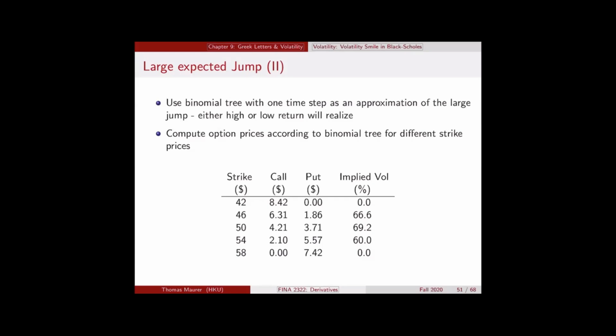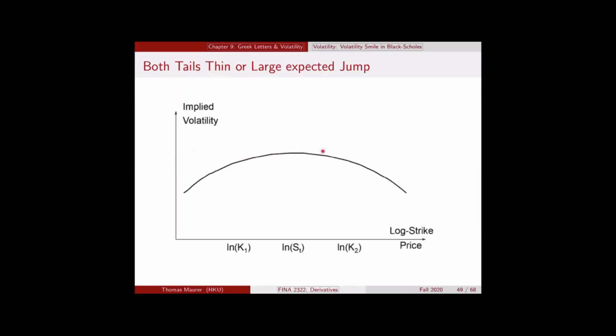If you do this binomial tree and then compute different call prices for different strike prices and also put prices for different strike prices, and then you use the Black-Scholes formula to back out the implied volatility from these prices, then indeed you see a pattern that if the call is very deep in the money or very deep out of the money, or the put is very deep in the money or deep out of the money, implied volatility according to these prices is going to be 0, and it's going to be the highest if we are somewhere in the middle or at the money, exactly producing this pattern of an unhappy face in the implied volatility.